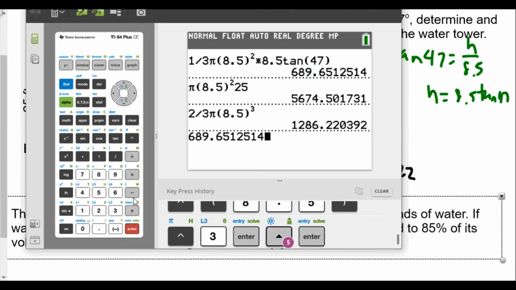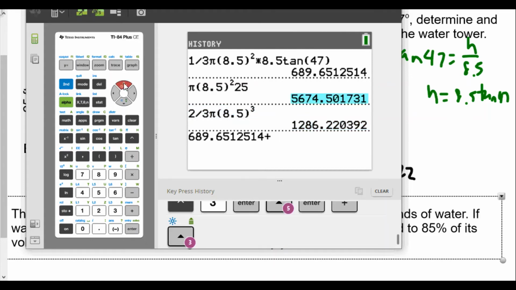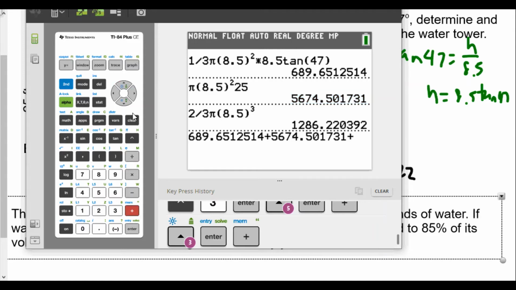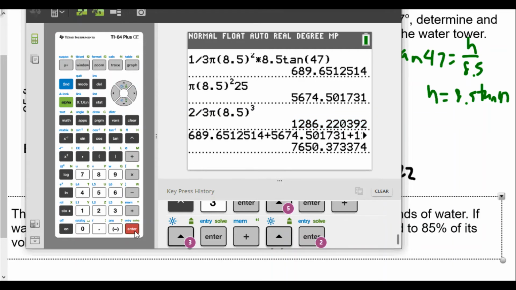Then plus, go to the second number, enter, and then plus, and then the third number, enter.